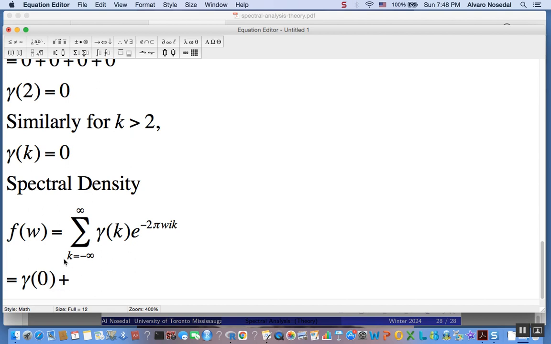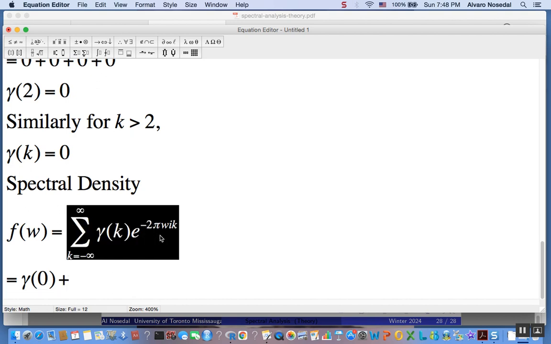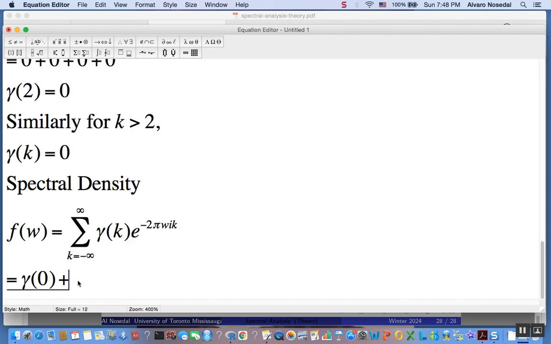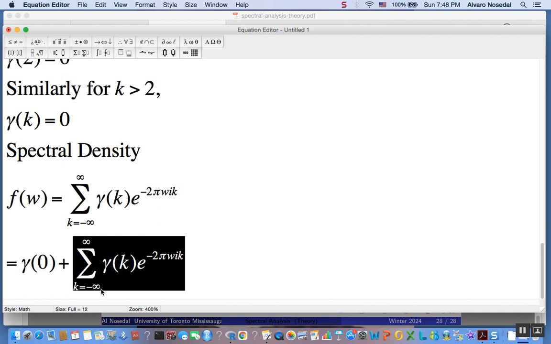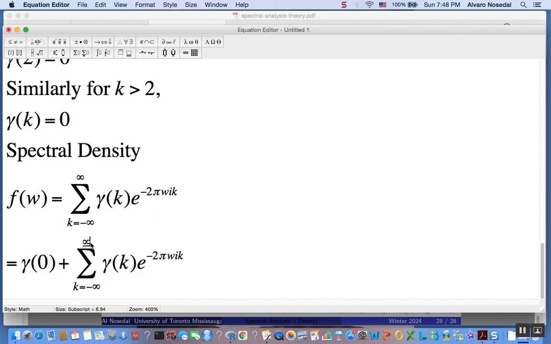Now, let me do that same sum, but k goes from negative infinity to negative 1.